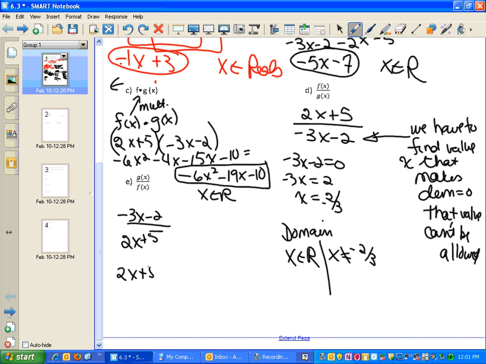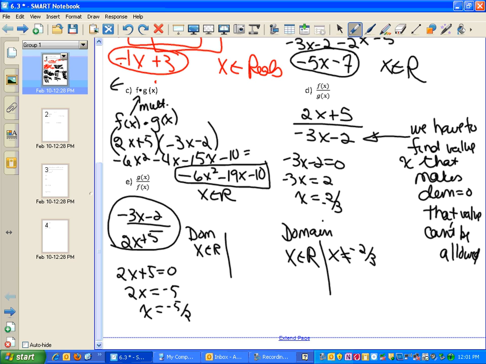Set that part only equal to 0 and solve. So, this is my answer to dividing. What is my domain going to say? Except x cannot equal negative 5 halves, right?